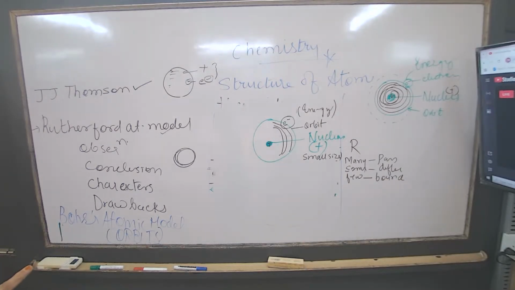What was Rutherford's drawback? Electron is moving in an orbit. Next theory, according to Bohr's atomic model, what is he saying? Only certain special orbits. He has used orbits with an s.